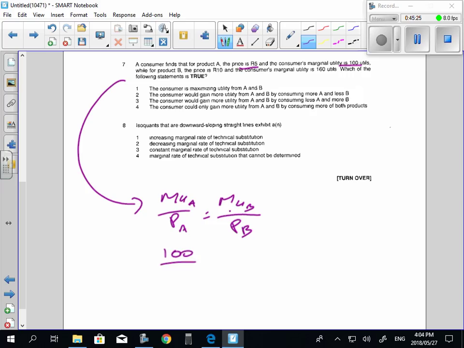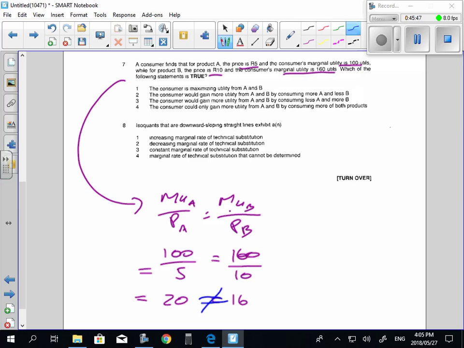So 100 divided by 5 gives us 20. For product B, marginal utility was 160 over the price, which was 10, which equals 16. And you can see there that these two do not equal each other. So this consumer is not in equilibrium.